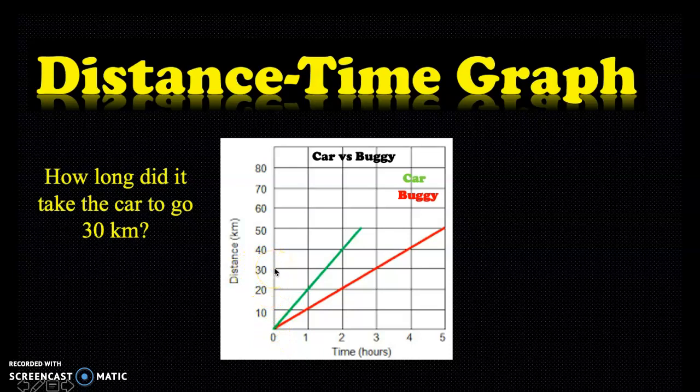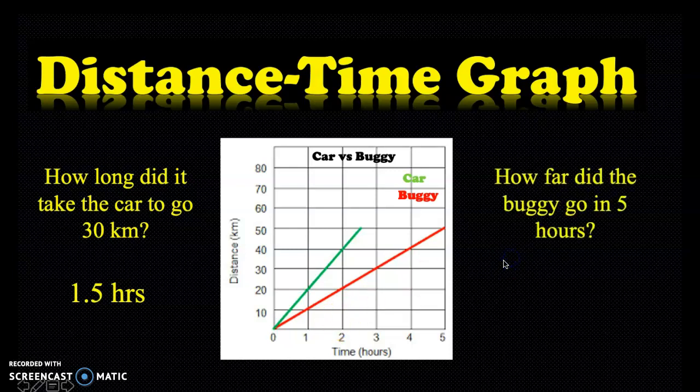We come across and stop at the green line because it asks about the car, and the car is the green. So we stop at this line and simply come down to find our units of time, and we will notice that the green line comes down right here at 1.5 hours. So it would take a car 1.5 hours to go 30 kilometers.